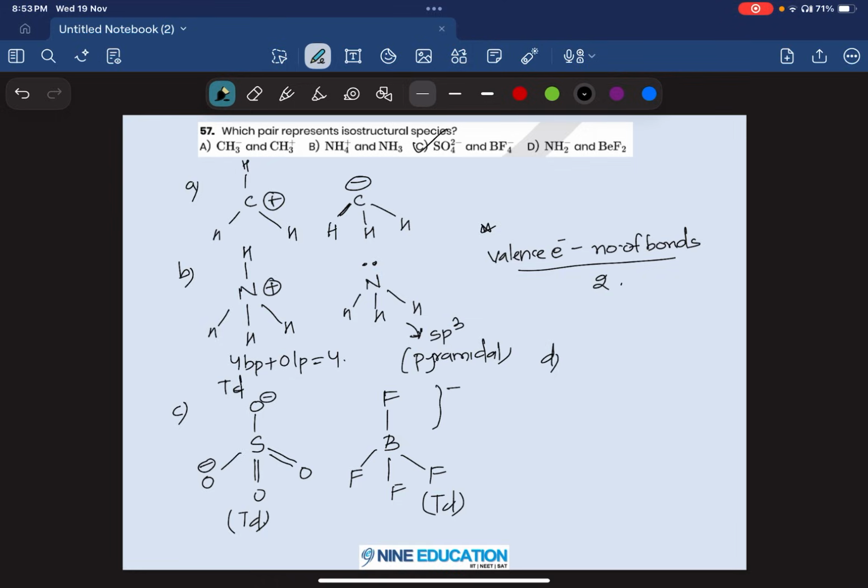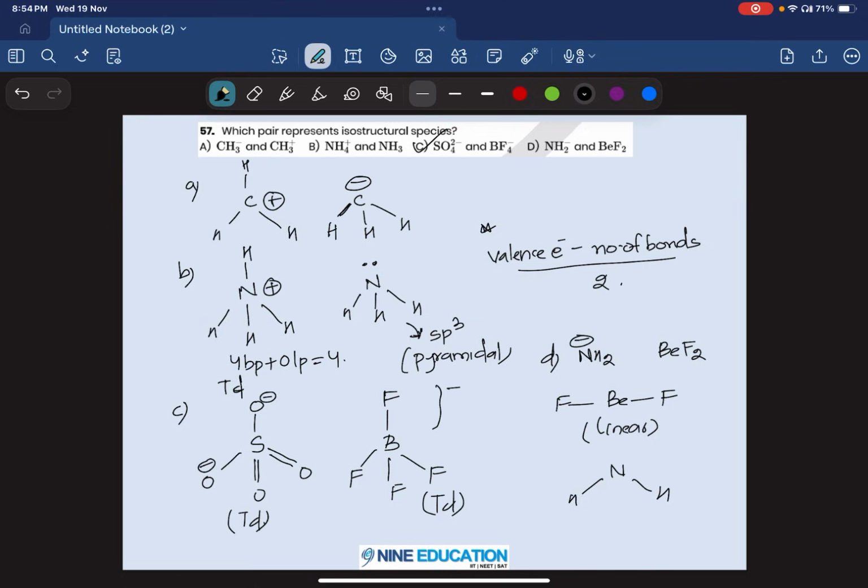What about option D? NH2 minus won't have a BeF2 sort of structure. BeF2 structure is linear. Beryllium doesn't have lone pairs, only two bonds, so it is linear, 180 degrees angle. Whereas NH2 minus is not linear, it is bent.